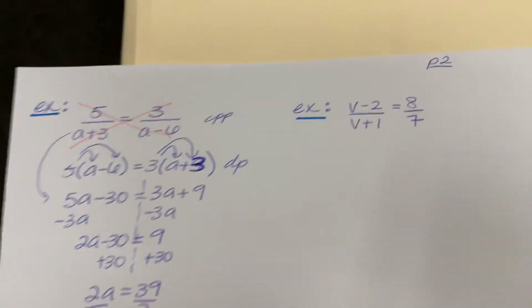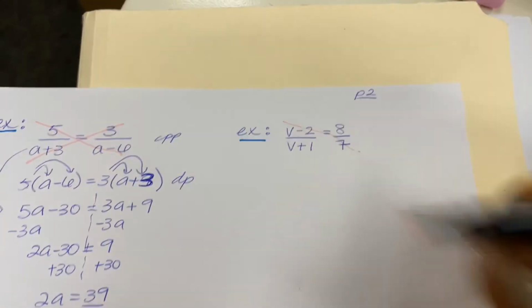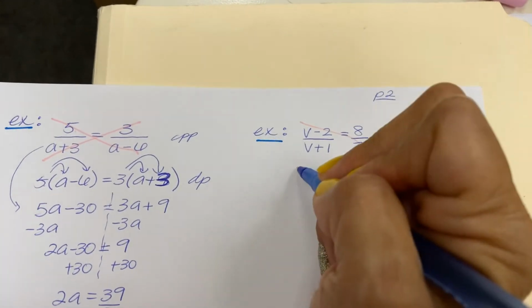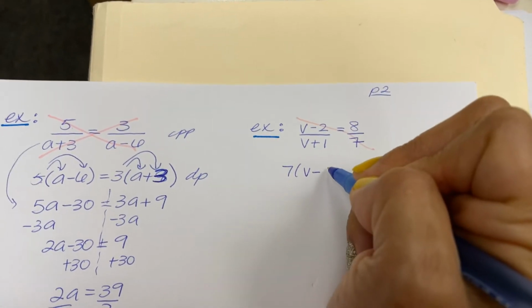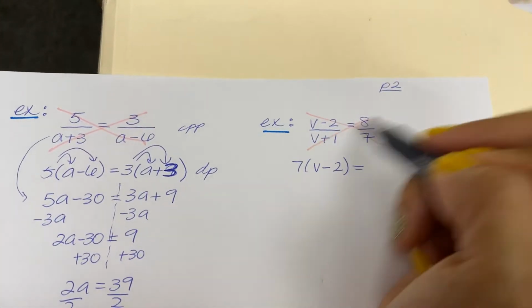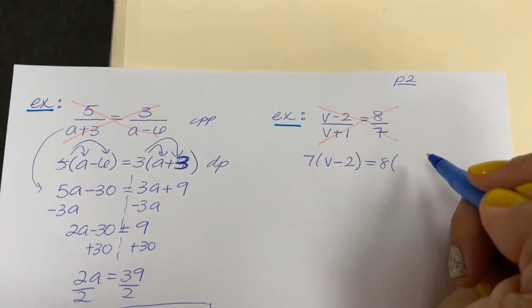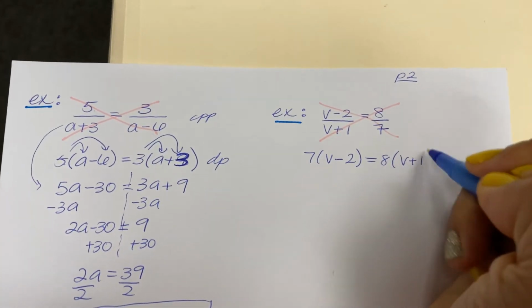Okay, so here we go. Cross product, 7 times v minus 2. But if you want to write 7v minus 14, go for it. All right, next, cross product, 8 times v plus 1. But again, if you're writing 8v plus 8, you're fine.